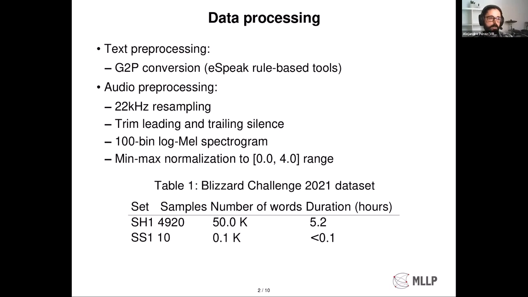We downsampled all recordings to 22 kilohertz, trimmed the leading and trailing silence, and extracted 100 bin log-mel spectrograms, which we min-max normalized to lie in the 0 to 4 range. And here is a table summarizing the resulting training dataset. So we have approximately a total of 5,000 utterances, accounting for 5.2 hours of speech data.